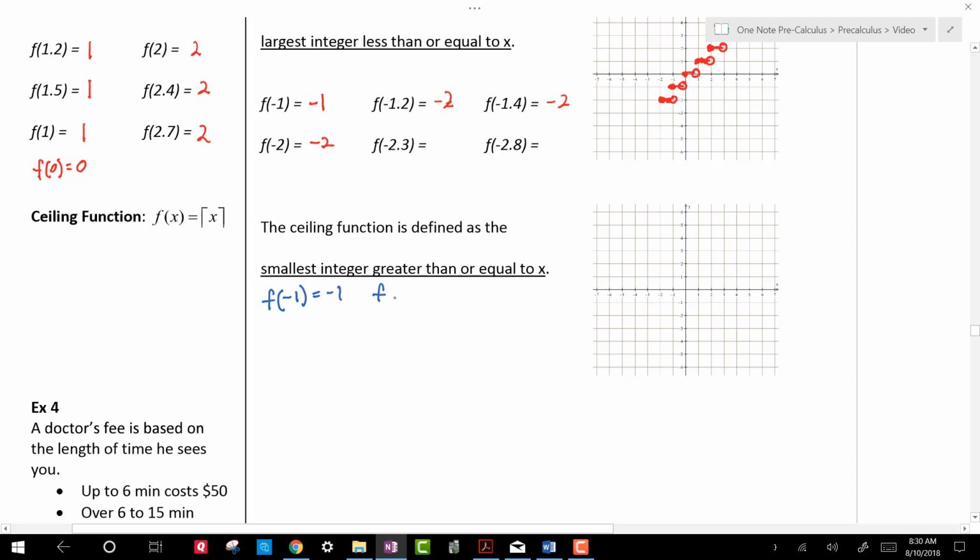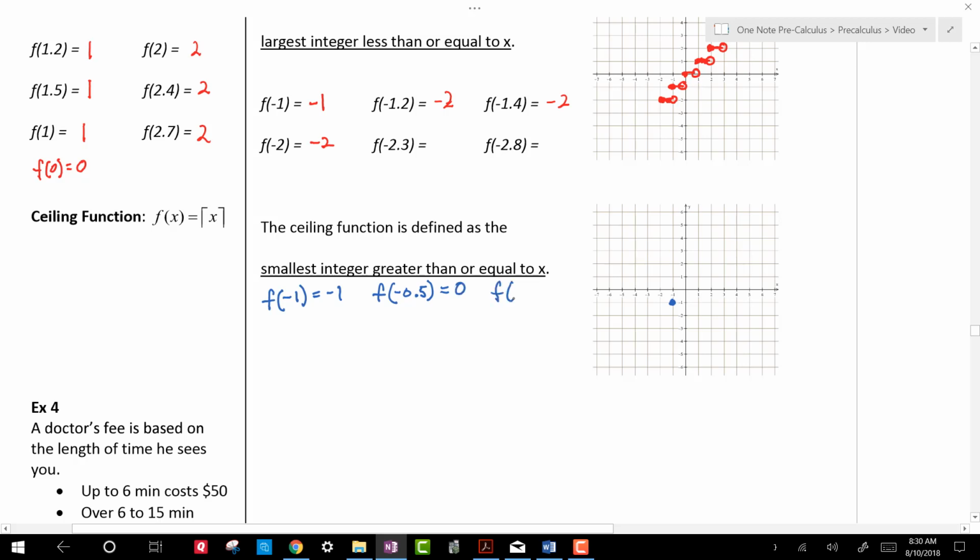Let's actually plot that. F of -0.5, I go to the next integer up, which would actually be 0 this time.